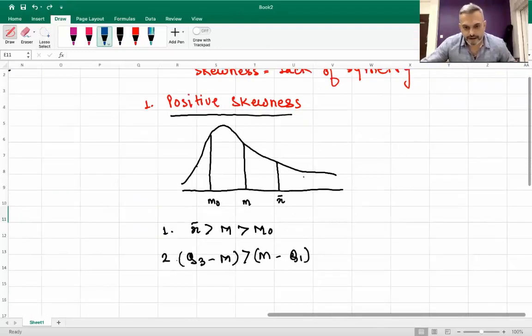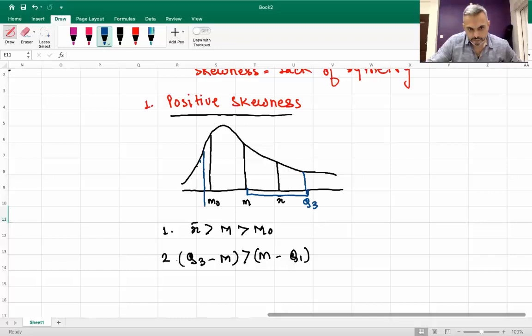Q3 minus M. So Q3 over here minus M, this area. And over here somewhere Q1, and this area, M minus Q1. So Q3 minus M is greater than M minus Q1.